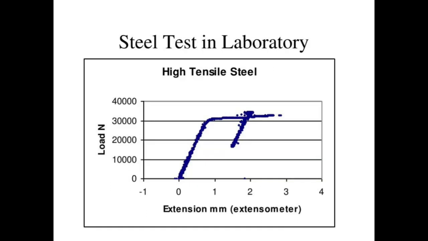This steel test in the laboratory indicates the extension which occurs when uniform loading is applied, right? Extension goes from 0 up to 3, from applying a load of 10,000 Newtons up to 3,000 to 4,000 Newtons.